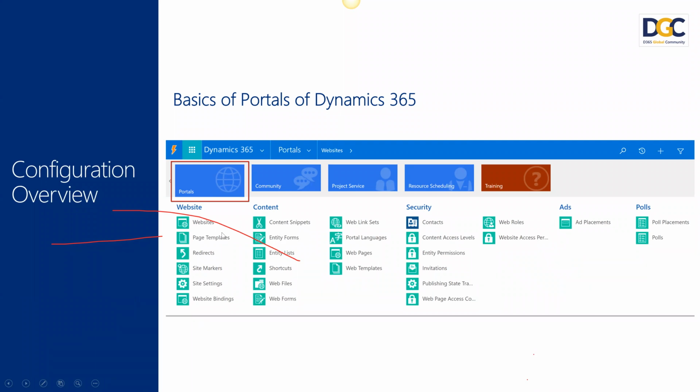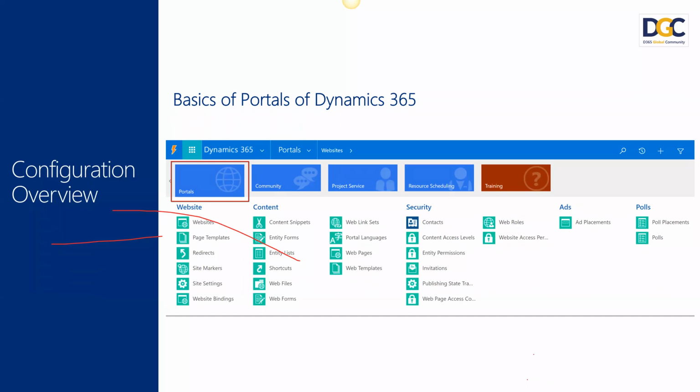Today we are going to focus on the website content and security. There are many topics, and looking into the solution, a lot of things are self-explanatory, so we are not going to talk about all of them, but there are a couple of important topics that I would like to explain.